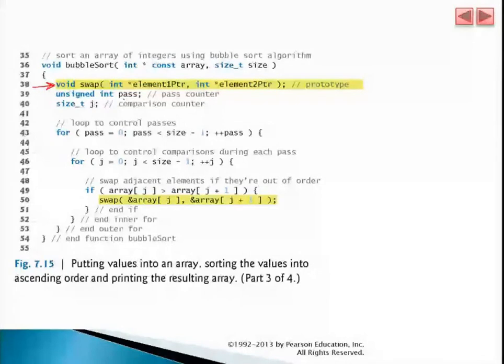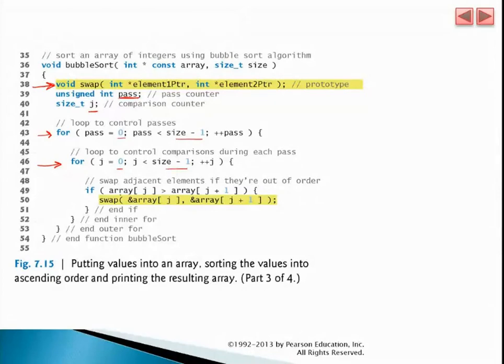One variable is the pass counter and the other is the comparison counter. We will execute two nested for loops. The first for loop is for pass. Pass will go from 0 to size minus 1, and the other loop is for comparison, which will also go from 0 to n minus 1 or size minus 1.